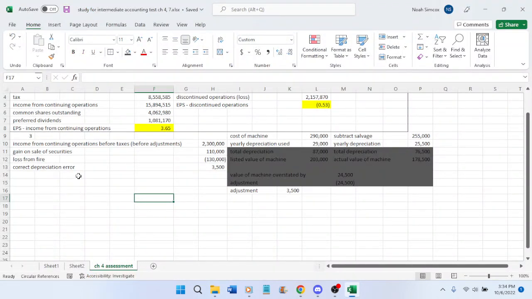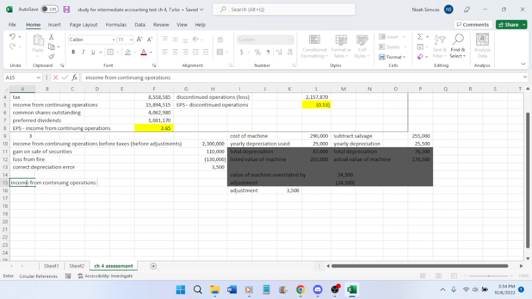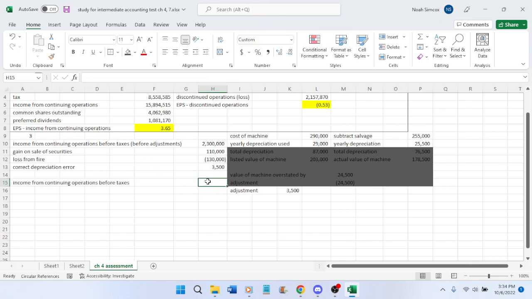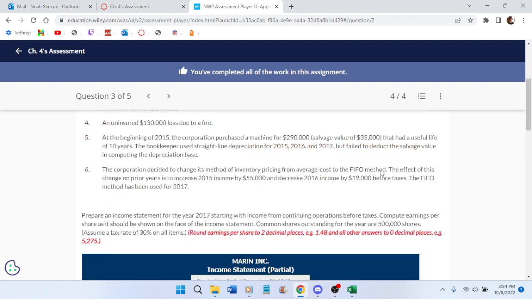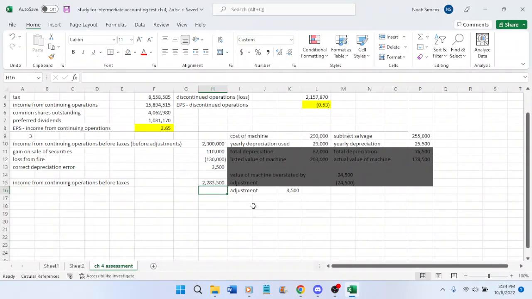Okay, so that should be equal to the sum of this. And there you go. Save. 2,283,500. 2,283,500. Good for you. Now what do I do?